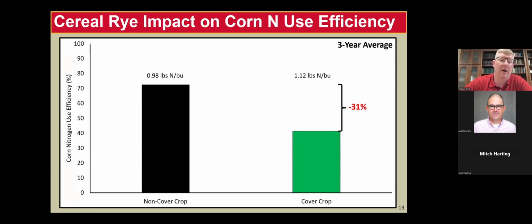Another way to think of that is how many pounds of nitrogen does it take me to produce 1 bushel. So where we had no cereal rye, we were about 0.98 pounds of nitrogen per bushel, and where we had cereal rye, we were about 1.12. So either way you look at it, you can tell that we were less efficient in the cereal rye system.